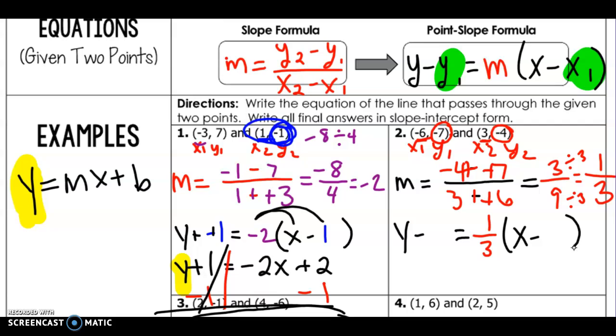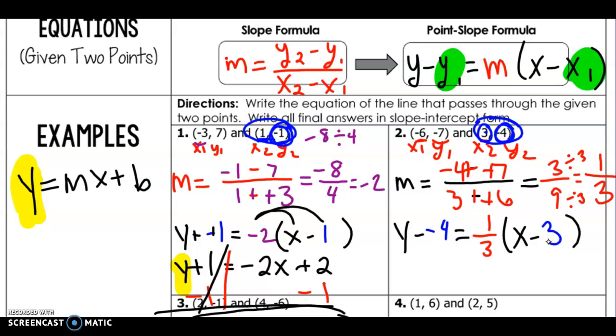It doesn't matter which group you pick up here, it's just up to your preference. I'm going to go with this group because they're smaller numbers and easier to work with. So y minus your y1, which is negative 4, and then 1/3 times x minus your x1, which is 3.